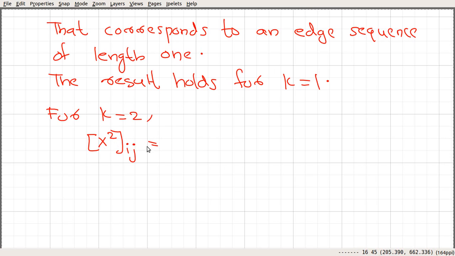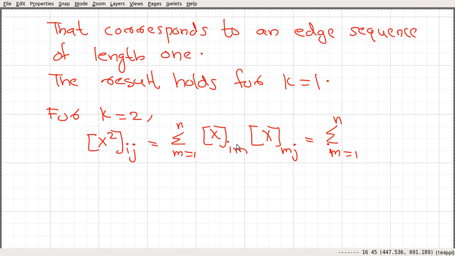So by the definition of matrix multiplication, this is nothing but the summation over all intermediate vertices, m equal to 1 to n, of x of im times x of mj.